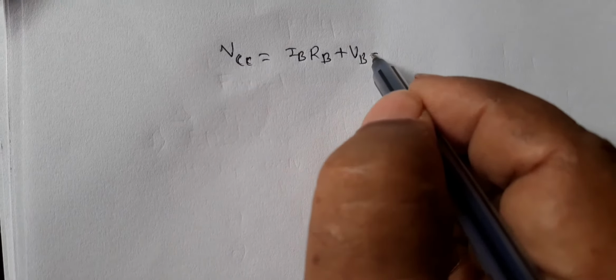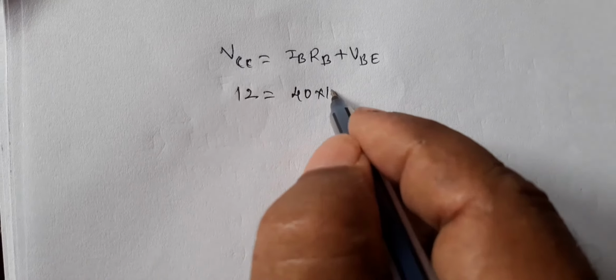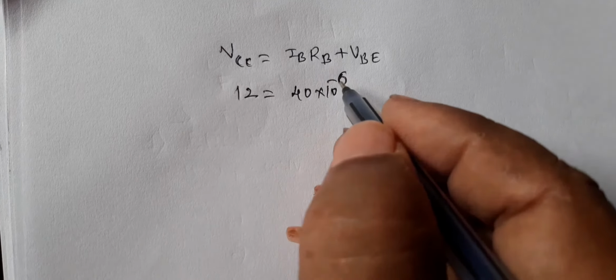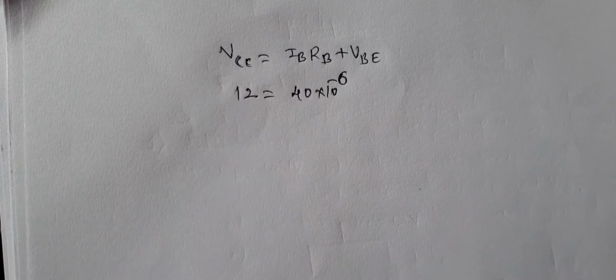VCC is 12 volts. IB is given as 40 into 10 power minus 6, that is 40 microampere.